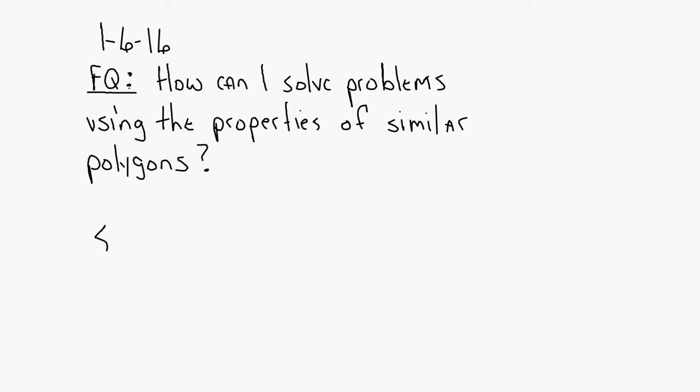All right, similar polygons. This symbol right here, one little squiggly line, is the symbol for similar.